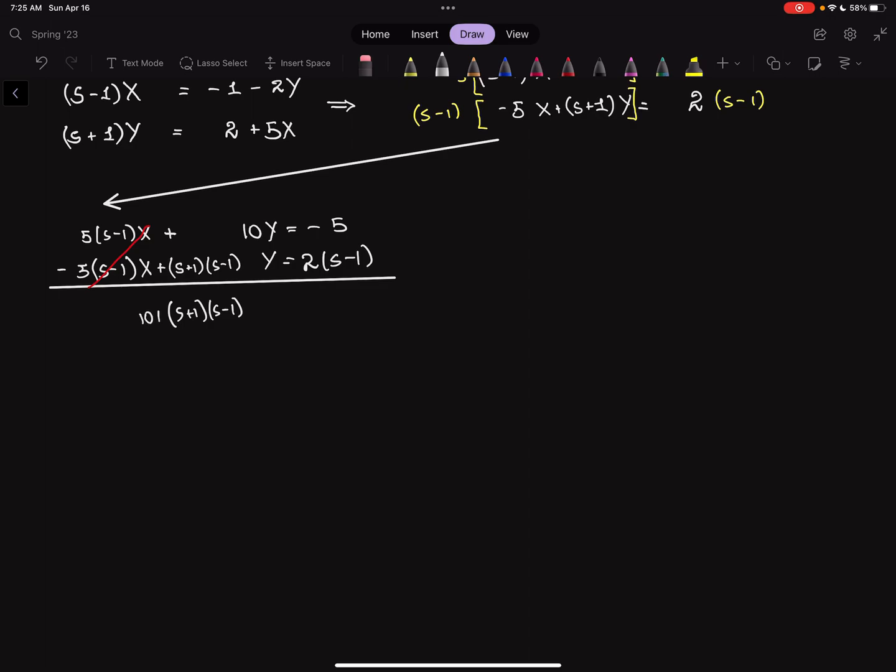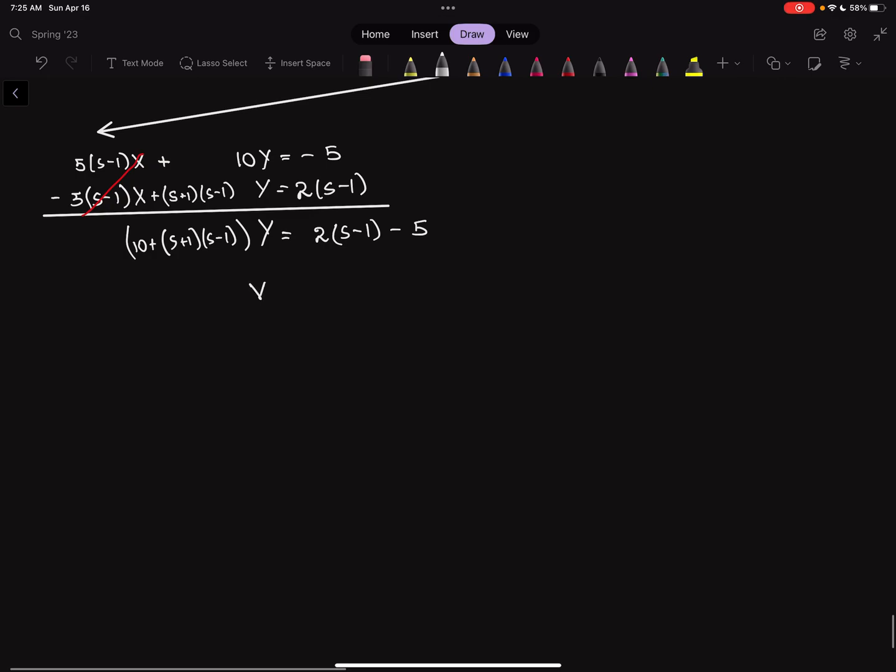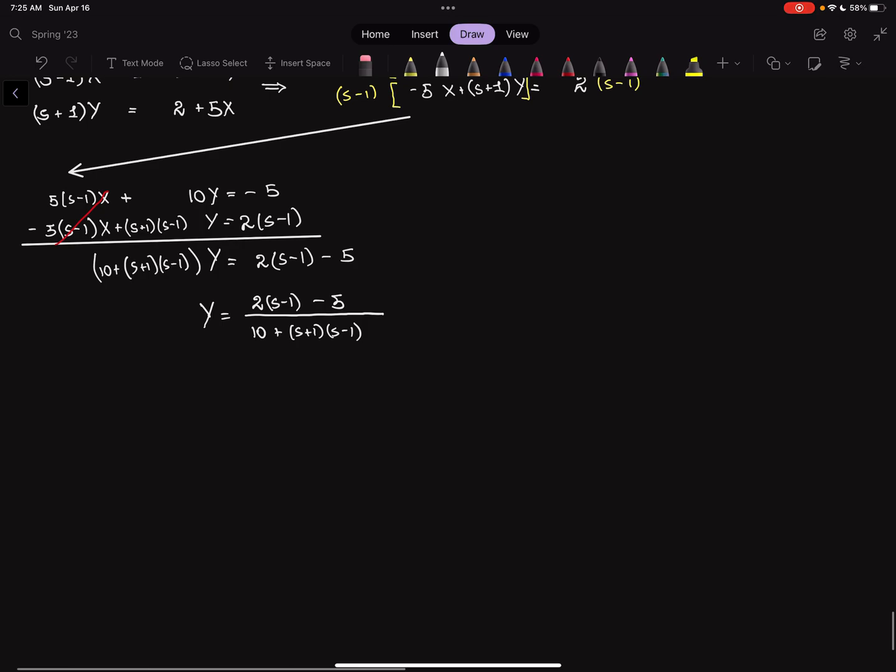So we have 10 plus all of this business in the Y. And here we have 2 times (s minus 1) minus 5. So we can say that our Y is equal to (2(s minus 1) minus 5) over (10 plus (s plus 1)(s minus 1)). And we solved for our Y.